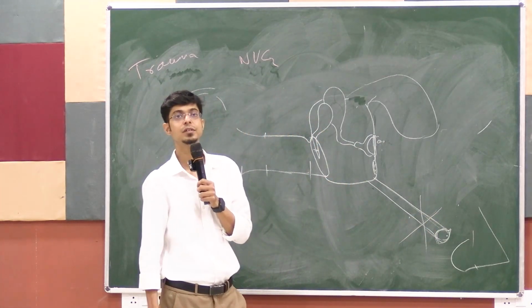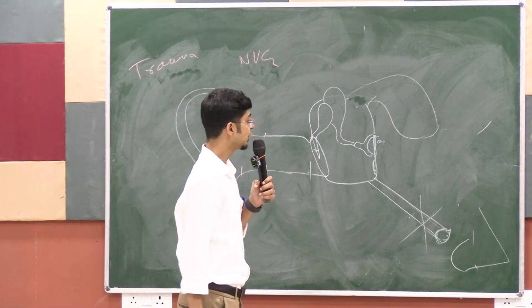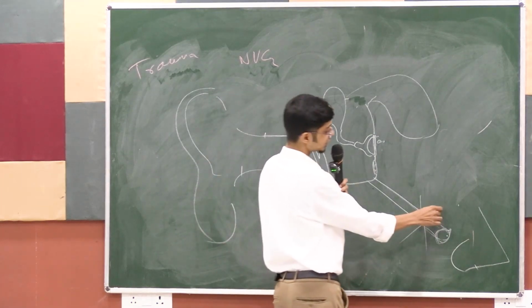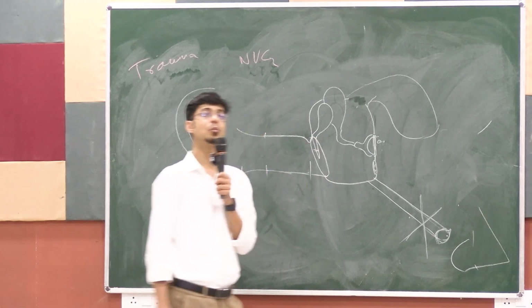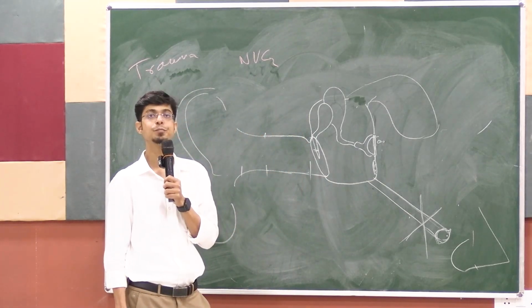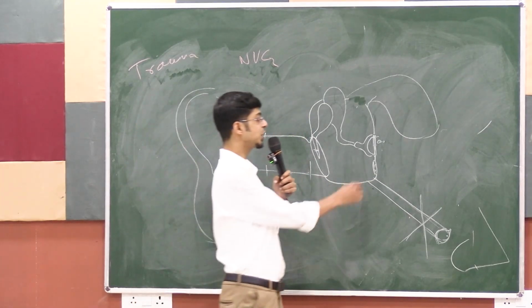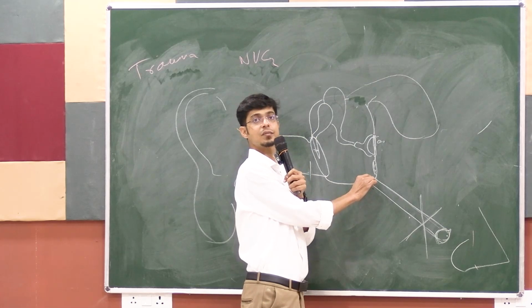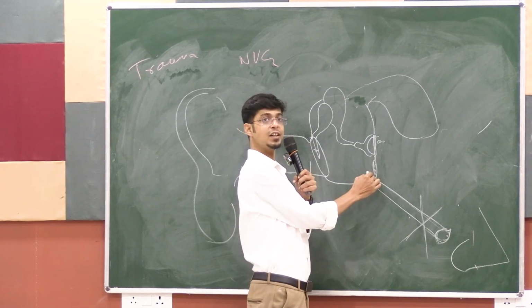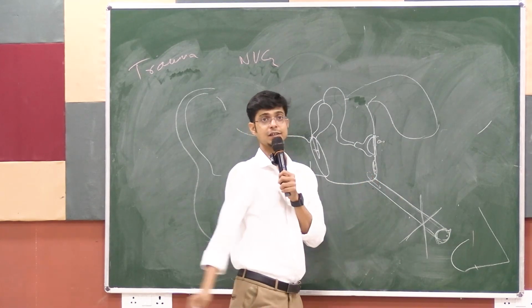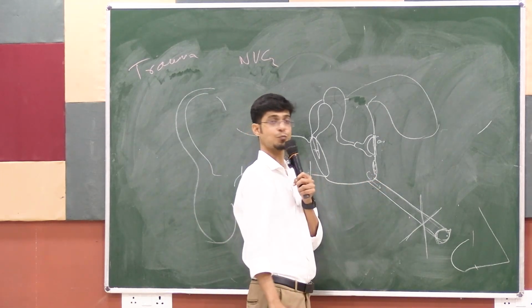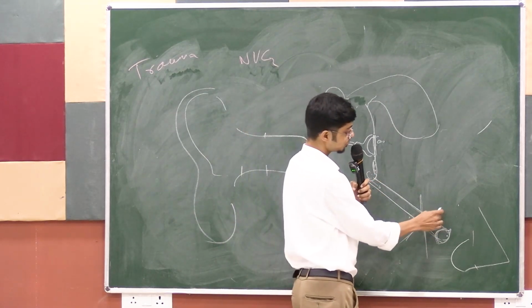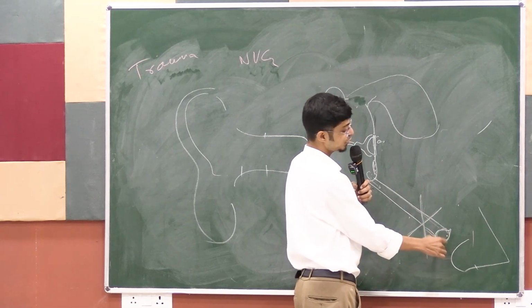So what's going to happen? So what are the conditions that can cause this blockage of the Eustachian tube? It's most commonly at the nasopharyngeal opening. It's never at the middle ear opening. Okay? Because the ciliary flow is like this. So the blockage is most commonly at the tubal opening.